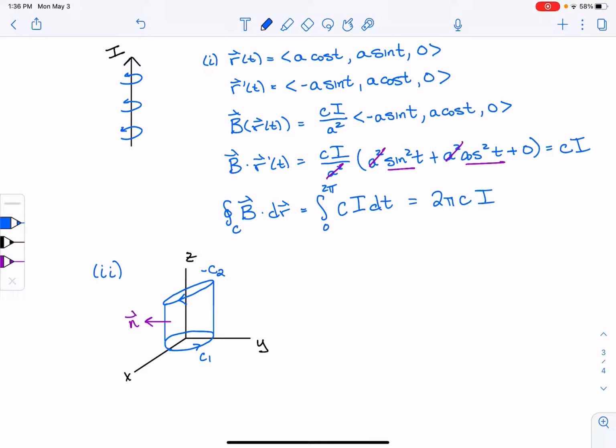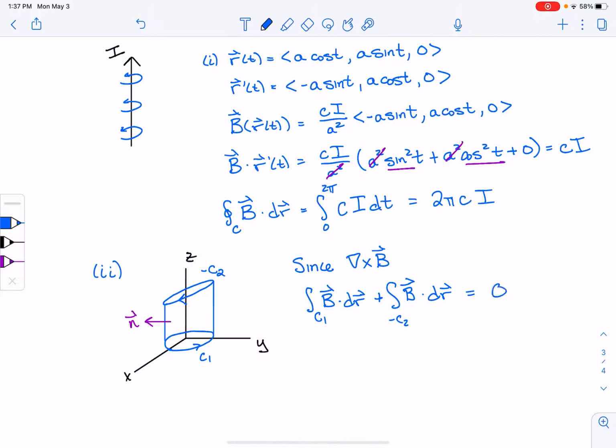Well, what does Stokes' theorem say? Stokes' theorem says that the sum of these two work integrals, if my surface is like the label of that can, according to Stokes' theorem should be 0 because we established that the curl of B is 0.